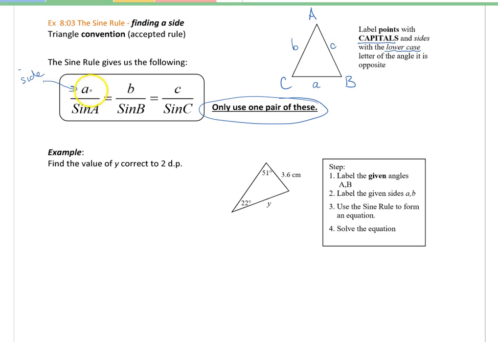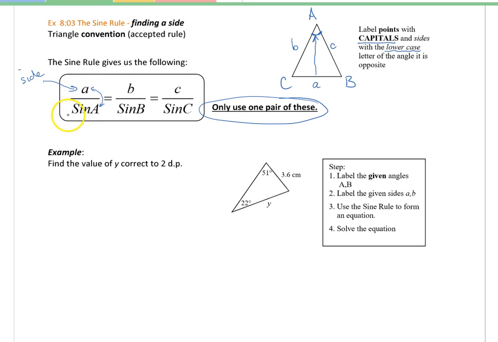Now, it's no coincidence, and in fact it must always be the case that what's in the bottom of this fraction is the sine of the angle A. So these two are really closely linked, angle A and side a. And in fact, you can put the length of a side over the sine of the angle that it is opposite, and you can make a fraction.